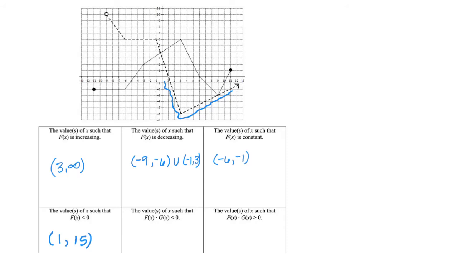Okay, and then where, oh my, now we're multiplying them, where the product of f and g is less than 0. So that's where one's positive, one's negative, and we multiply those. So that's going to be where they're on opposite sides. One's above, one's below. So where in the world do we have them opposites? Well, from -9, we can start there, to -4.5.